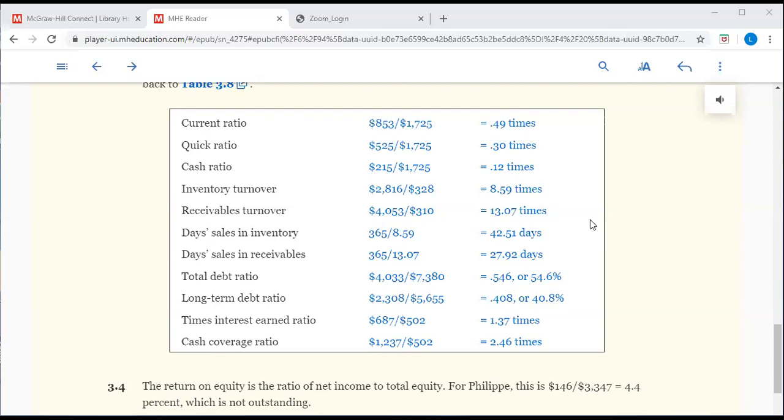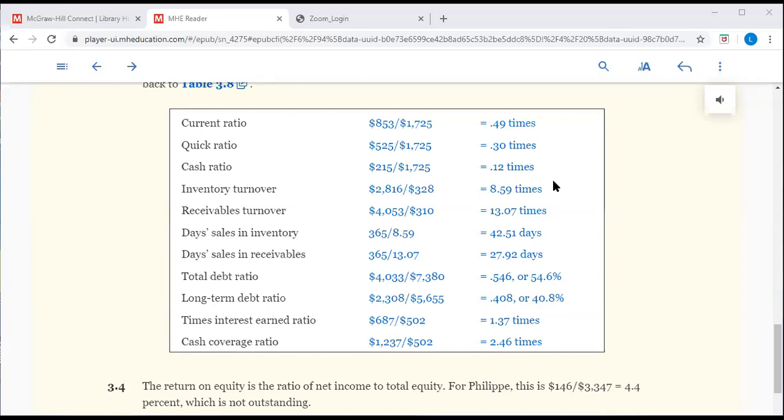If you look at earnings before interest and taxes from a cash perspective, you would have to add back depreciation to get the total amount of earnings that are really available to pay off the interest, because depreciation was subtracted to get earnings before interest and taxes, and it has nothing to do with cash. We didn't spend that money anywhere. Now divide that by the 502. So the cash we made this year to pay off interest is really 2.46 times.